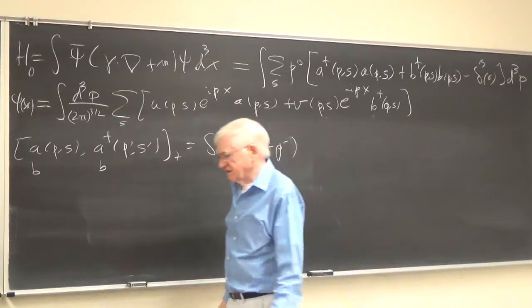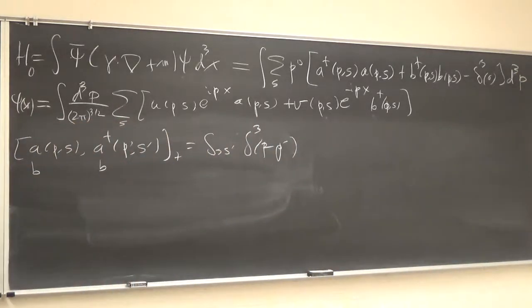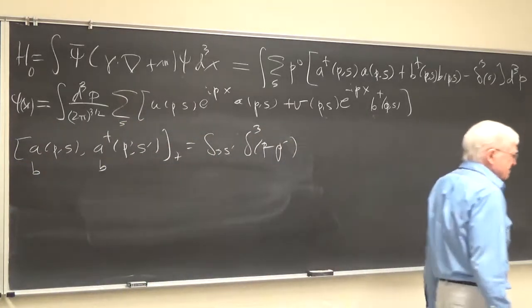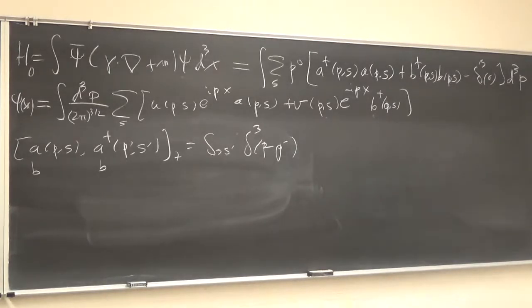And you notice that the awkward, embarrassing, infinite term in the Hamiltonian, because we're dealing with fermions, it comes in with a minus sign.